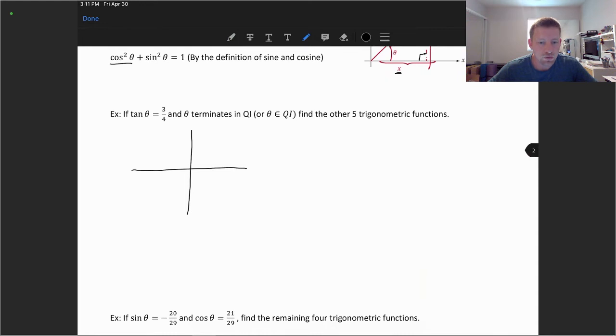If I can draw a picture, I can get a good idea of what this angle looks like. This is an angle terminating in the first quadrant. And its tangent is 3 over 4, so that would be the opposite over the adjacent side. If we recognize these side lengths 3 and 4, we know that our hypotenuse here is going to be equal to 5. This is a 3, 4, 5 triangle.